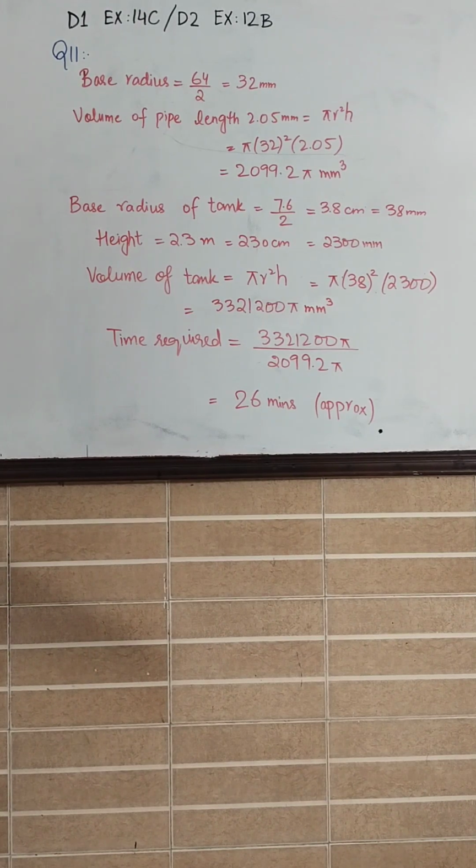Next, we are given the diameter of the cylindrical tank. To find the radius of the tank, I use the same diameter divided by 2. We got the radius, but here the radius is in centimeter. You make sure that your units should be in one unit.